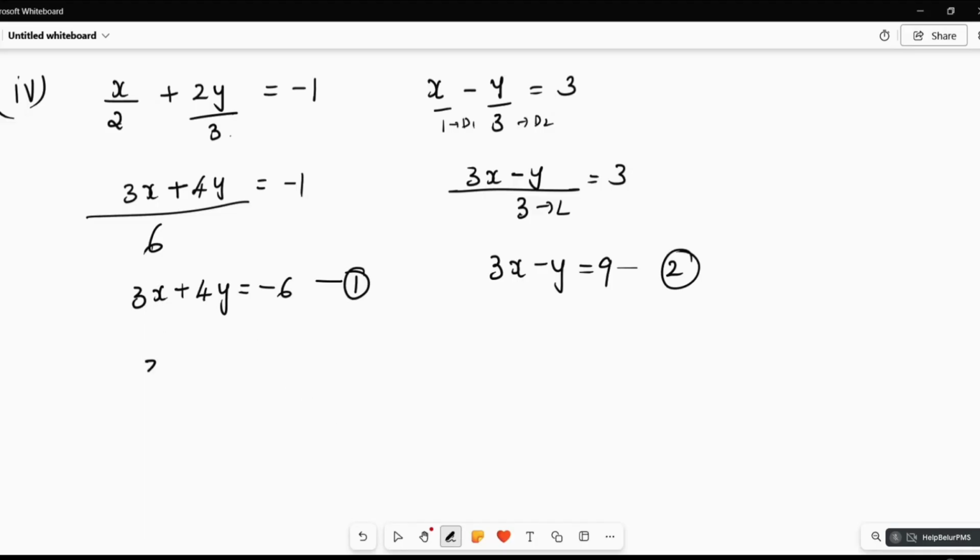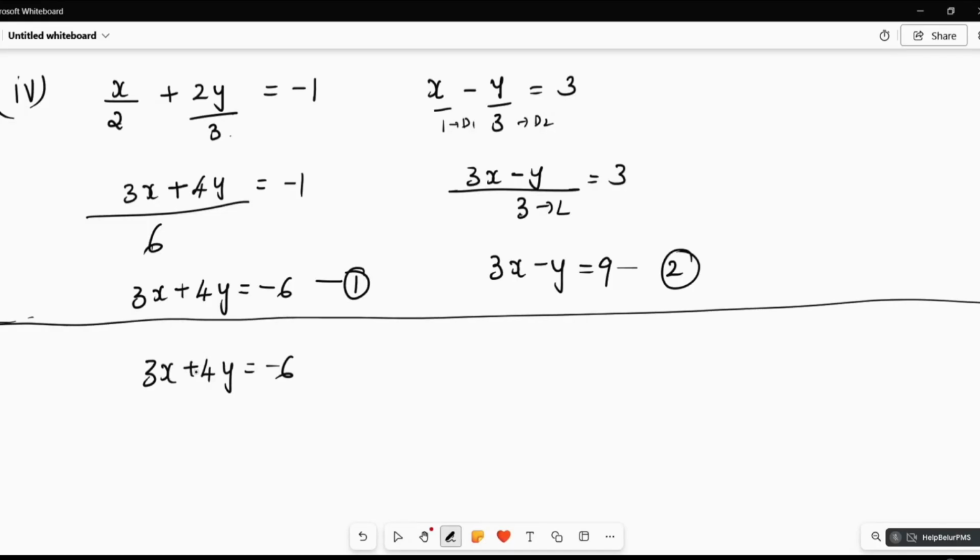So we have two equations now. 3x plus 4y is equal to minus 6, and 3x minus y is equal to 9. Now, let's change this. Here no need to multiply because both are 3x itself. Correct? Same numbers are there. If I add, I will get 6x, but I have to cancel them. So I will change the sign.